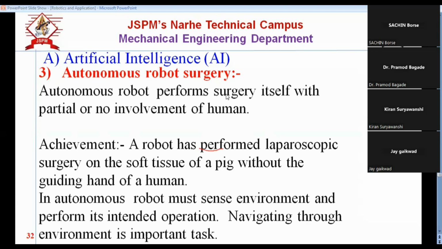It was just following in the master-slave concept. But in autonomous surgery, the robot will perform the surgery itself. That is called autonomous. So in autonomous robot surgery, the robot will sense the environment, then take the decision and perform accordingly.